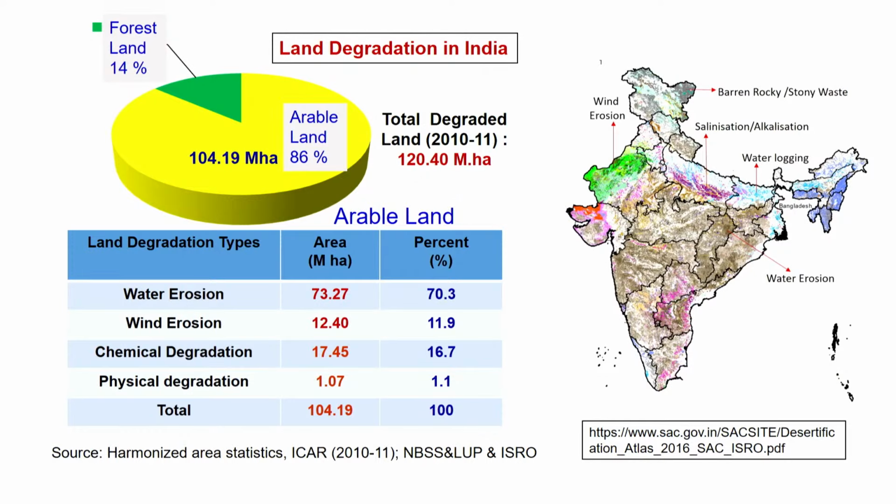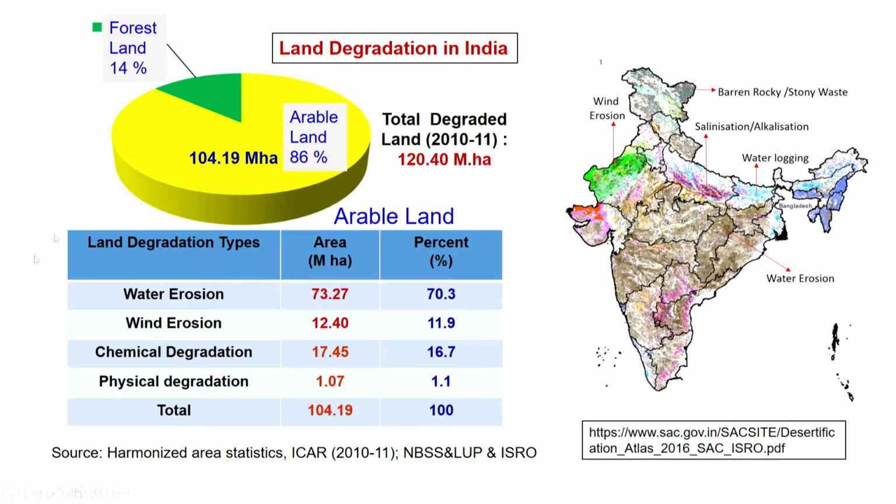Now, along with soil mapping, you also have to map the degraded lands. Here in India, the total degraded land is 120 million hectares, and the country's total geographical area is 328 or 329 million hectares. So you can say one third of our country is degraded.